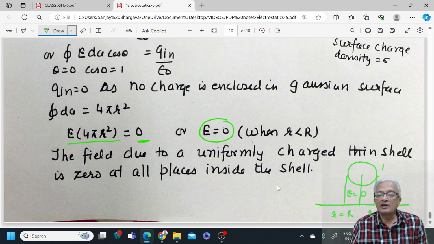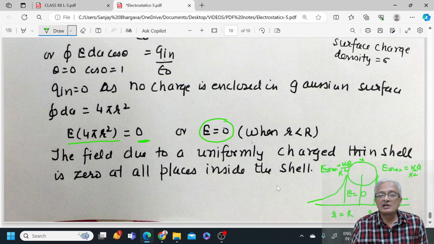At this point, electric field is a maximum, and that is kq upon R square. Here also the electric field is a maximum and is equal to kq upon R square. Now outside it decreases as 1 upon r square.